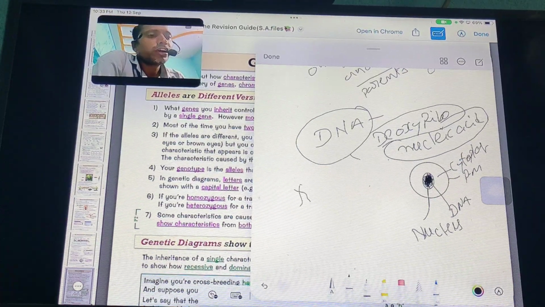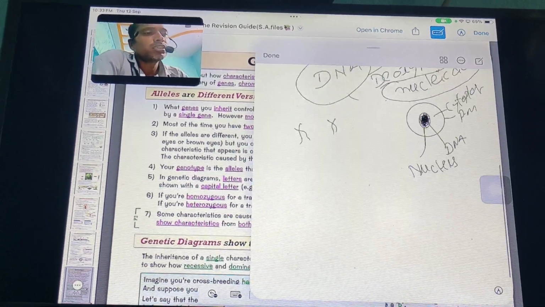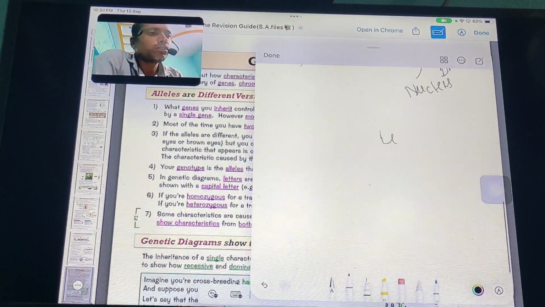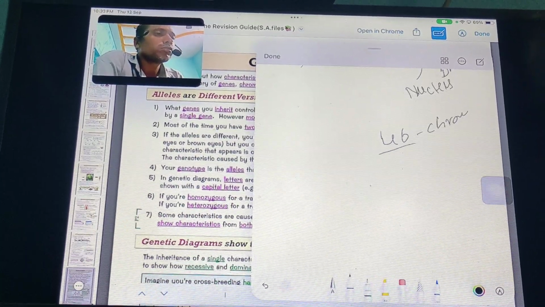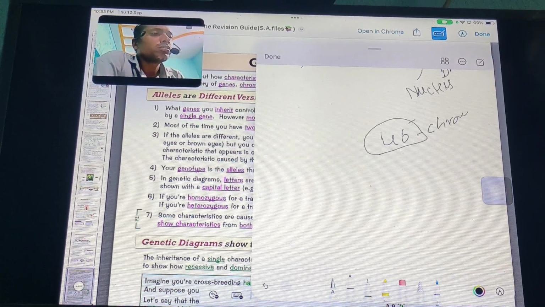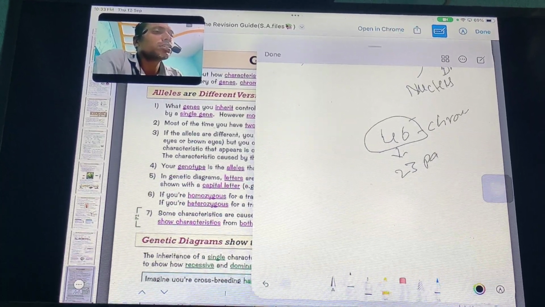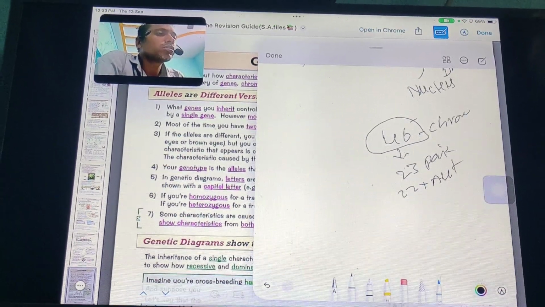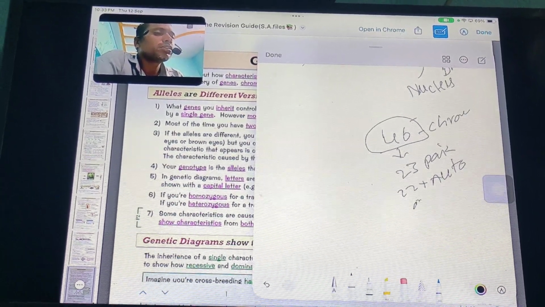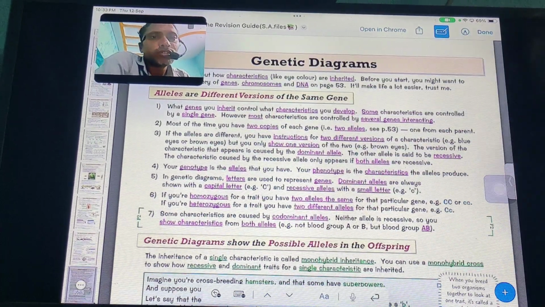A human being has a total of 46 chromosomes, which is 23 pairs. Twenty-two pairs are autosomes, and one pair is allosomes.